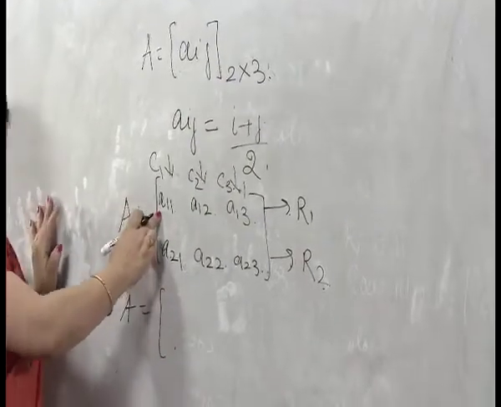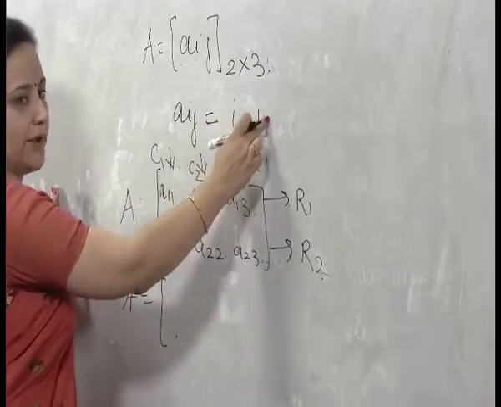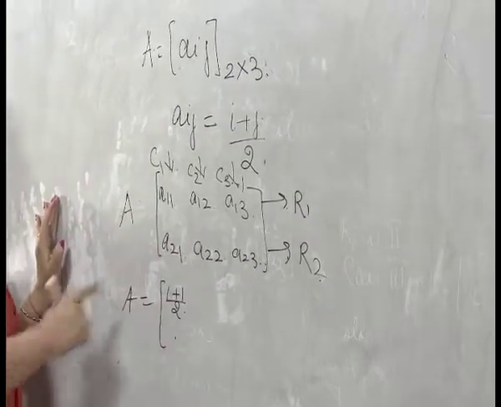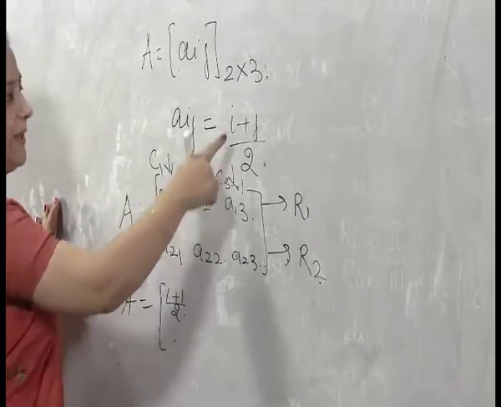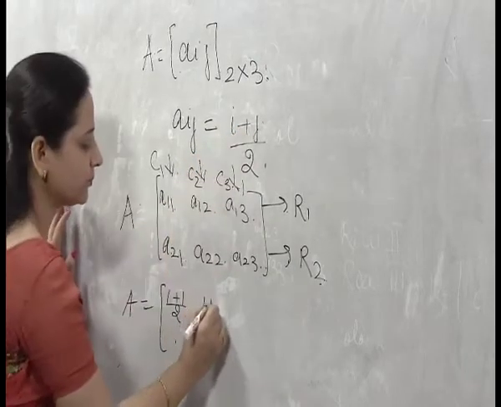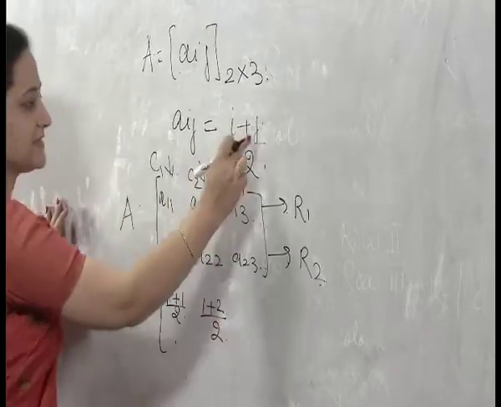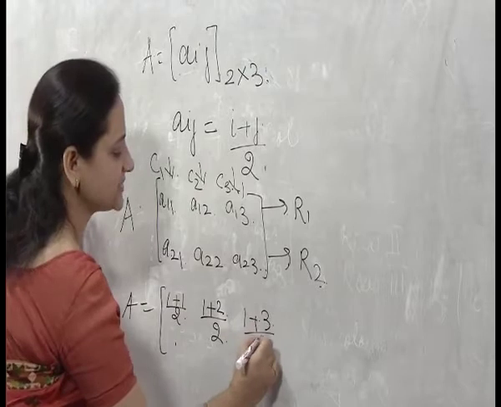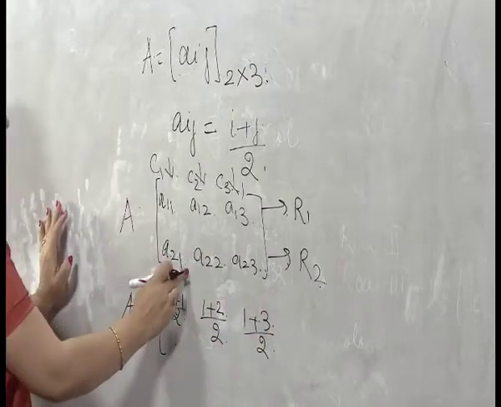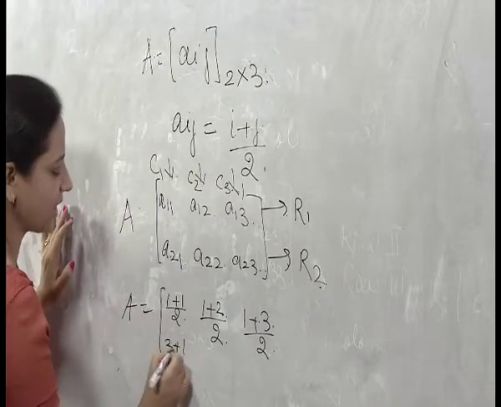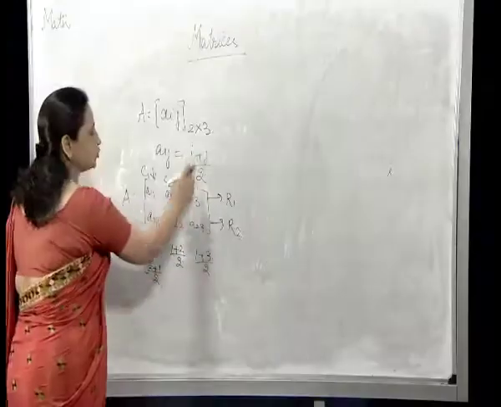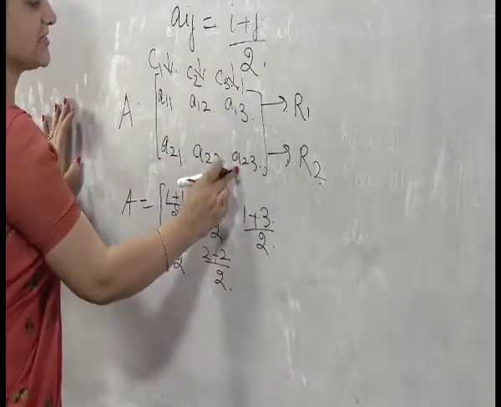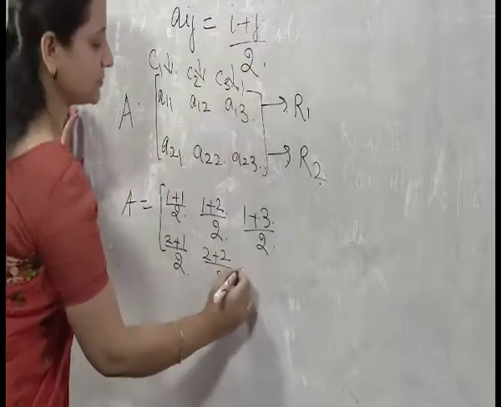So this is the element A11: 1 plus 1 by 2. Now A12 will be 1 plus 2 by 2. Similarly, the third one, 1 plus 3 by 2. Now A21, 2 plus 1 by 2. A22 again 2 plus 2 by 2. And this is A23, 2 plus 3 by 2.